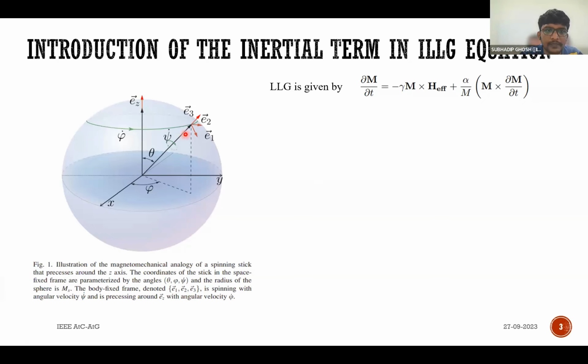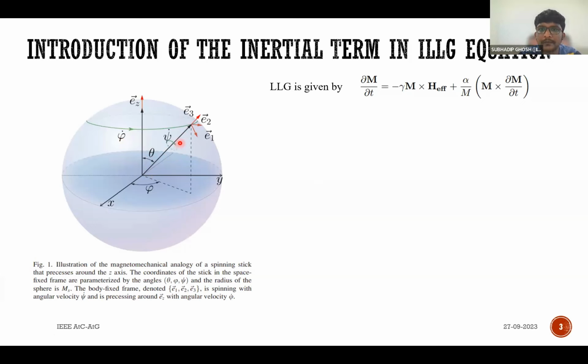In classical torque motion, there is a precessional frequency, which is phi dot, and this vector itself precesses around it, with frequency mu dot. And this mu dot frequency comes from the inertial effect.